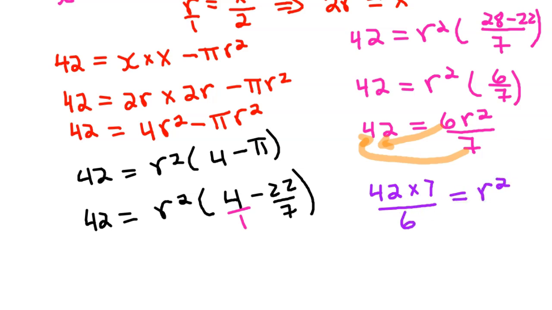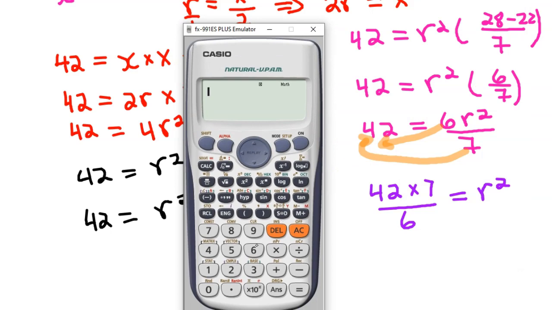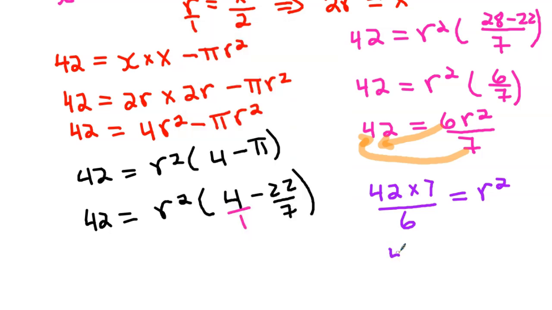We're almost done. So you always have your calculator with you. You can grab your calculator. 42 times 7 divided by 6, and that gives you 49 is equal to r squared.